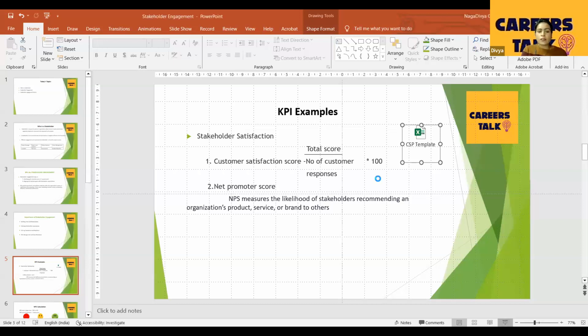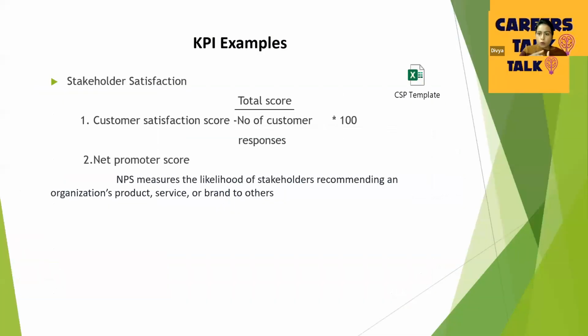Now, when you're trying to get that score, suppose you have sent your survey template to 10 customers, and you have got feedback from these 10 customers. The total score of the 10 customers is, let's assume, around 100, when you add up the overall score for all the attributes collected from all the customers.